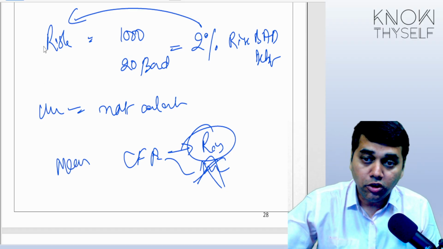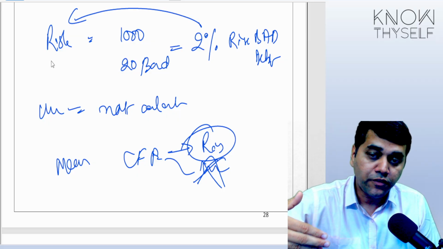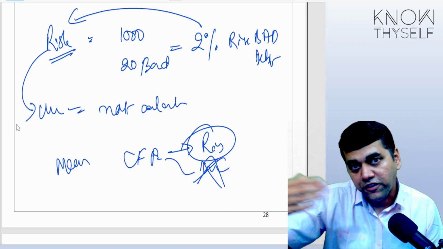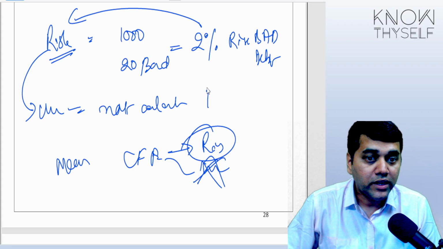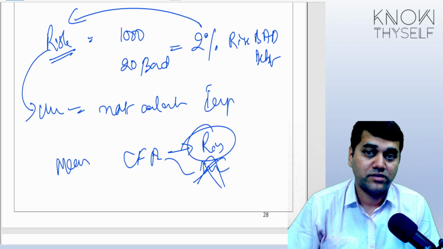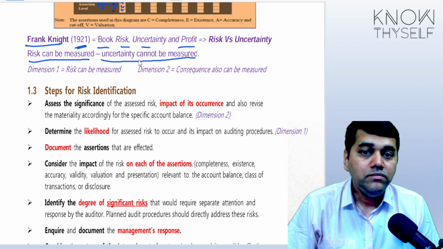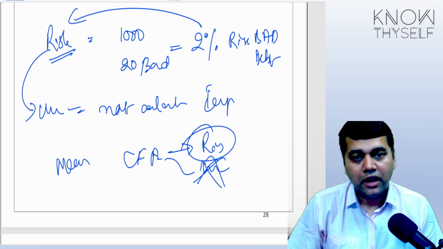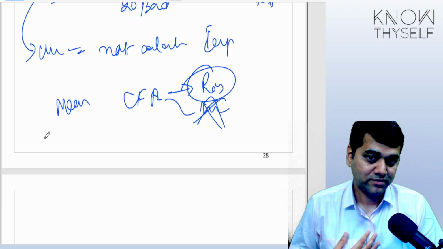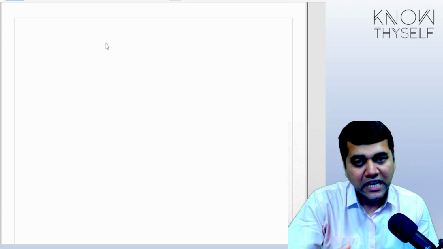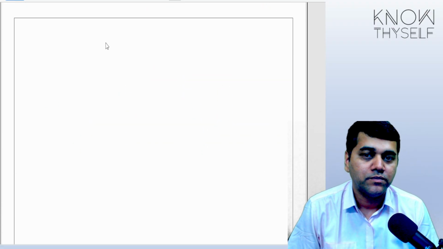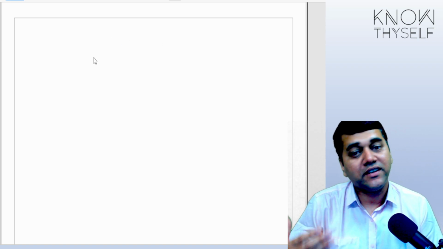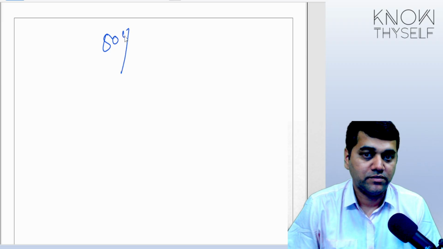And some people went further. They said, if I can measure the risk, can't I measure what if the risk occurs? That is called the impact or consequence. So finally, how should I do that risk analysis? I need to see a combined probability of both. Like, what is the chance that the risk could occur? 50%.